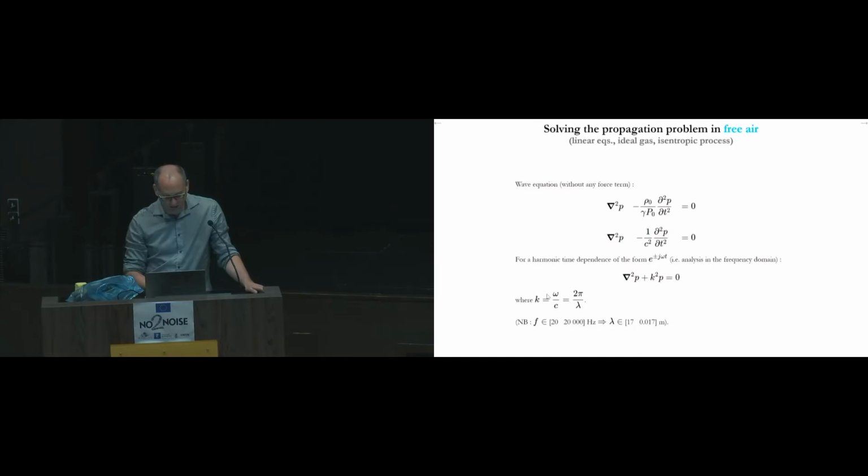What is important here is that for frequencies going from 20 Hz to 20 kilohertz, which is the audible frequency range, at least for babies, the wavelength goes from 70 meters to 1.7 centimeters.